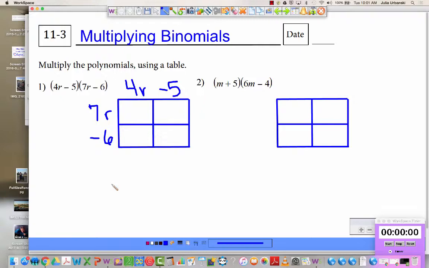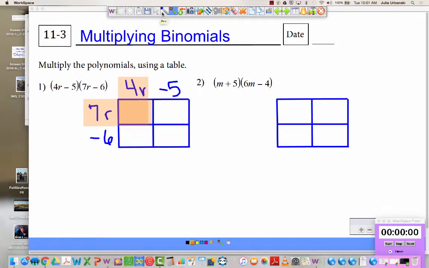This is multiplication. So you multiply the coefficients, you add the exponents. So we're going to do 4R times 7R. And for this first one, I'm going to kind of do it with shading just so you know what we're doing. We're doing this row by this row.